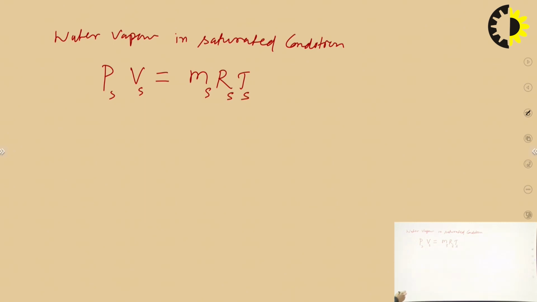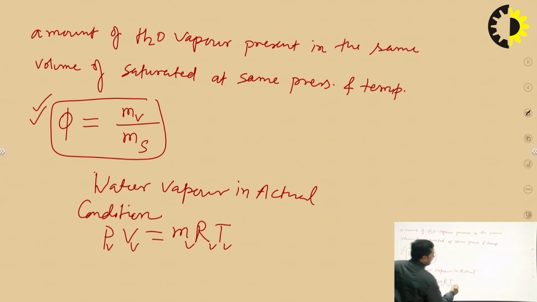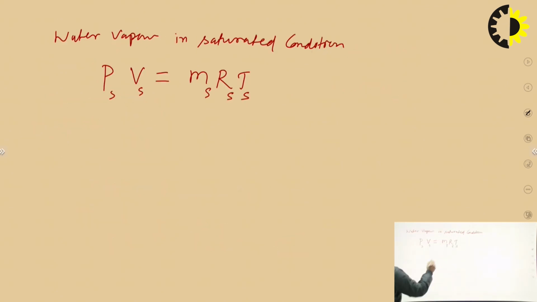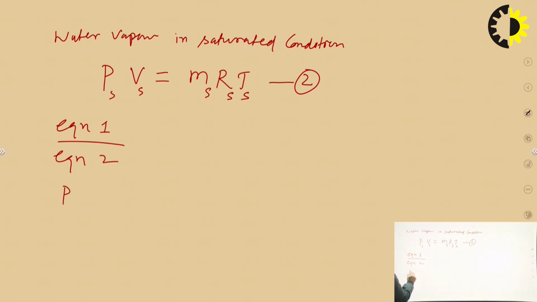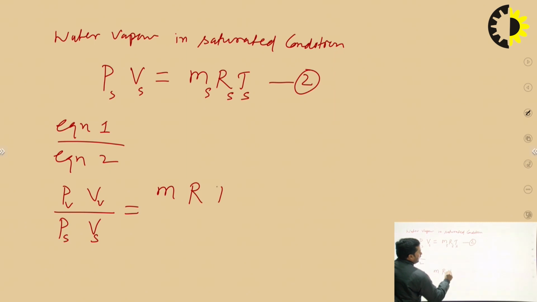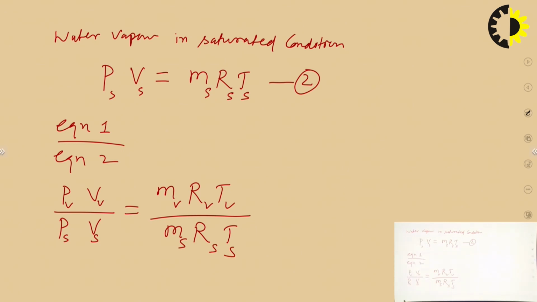If we divide equation 1 by equation 2, then PV in actual condition divided by PV in saturated condition equals mRT in actual condition divided by mRT in saturated condition.